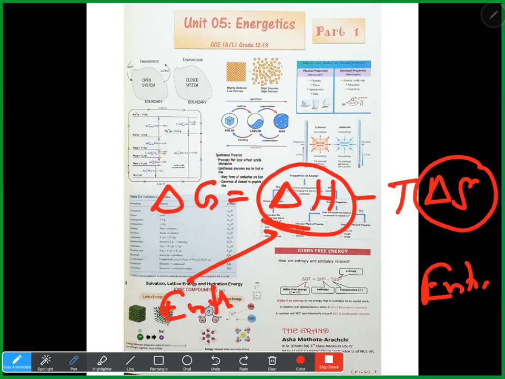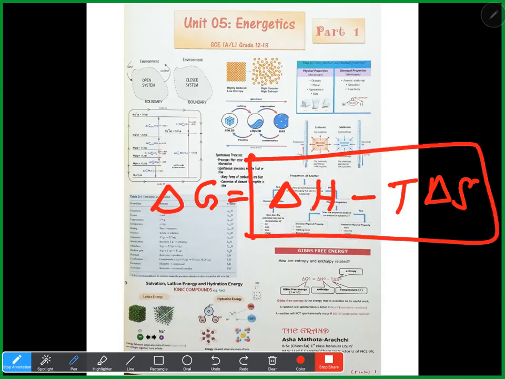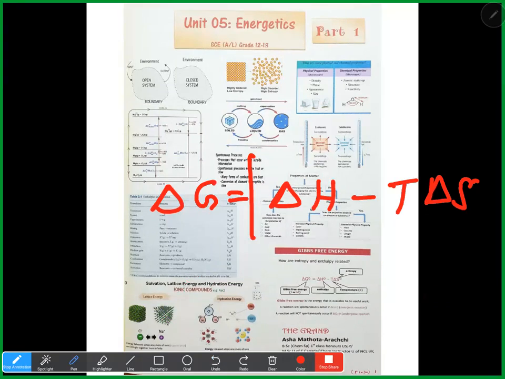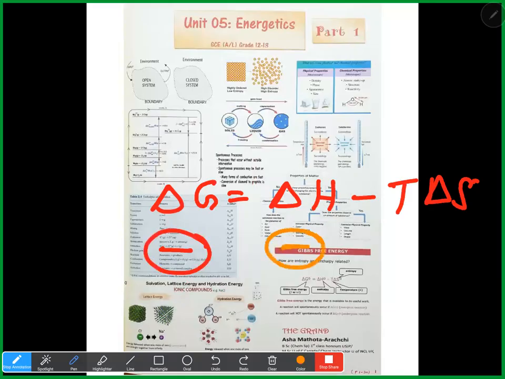For any reaction to be spontaneous, the delta G, the Gibbs free energy value, is supposed to be negative. To have a negative Gibbs free energy, this whole part is supposed to be negative. Delta S is supposed to be positive, so this negative multiplied by this positive becomes negative.